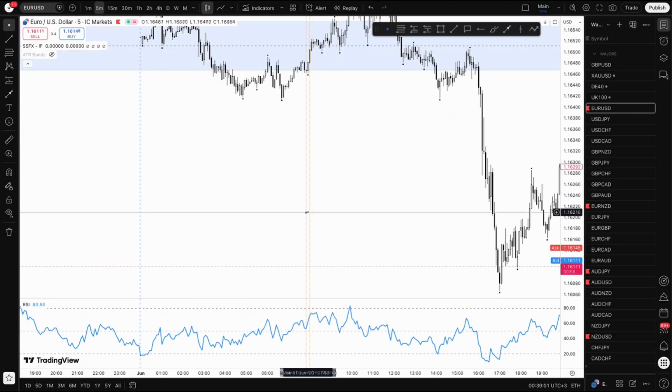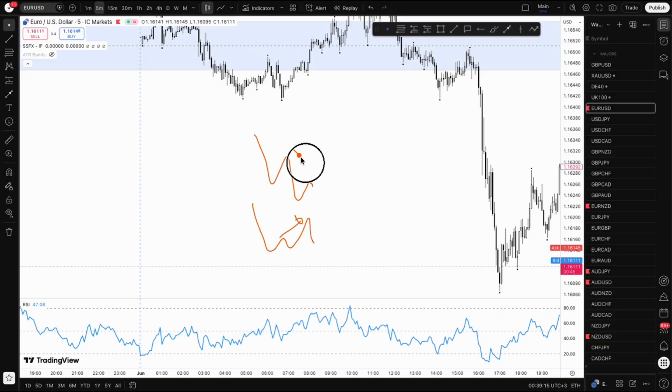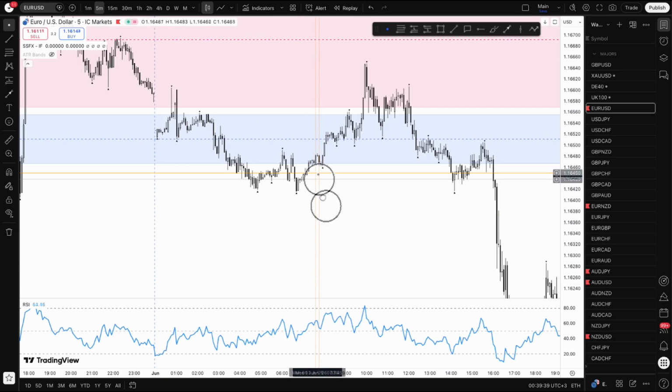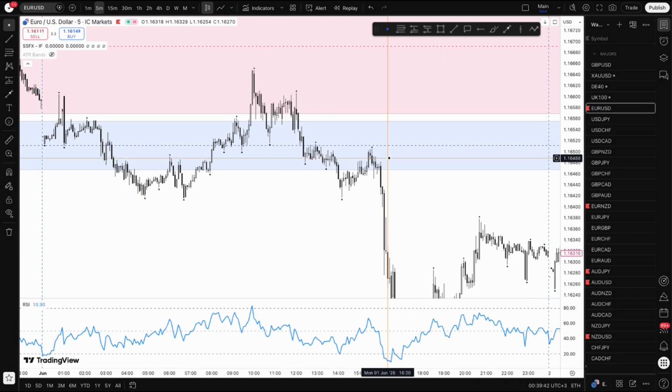If you remember the previous video, hidden divergence, we are forming a lower high, but then the oscillator forms a higher high, implying that despite the internal dynamics of the move, the buyers were very strong in this move, very, very strong. But then the sellers were still able to defend the position. This essentially gives you confidence that the dynamics within the trend haven't shifted. They are still essentially in line with what you are hoping for.